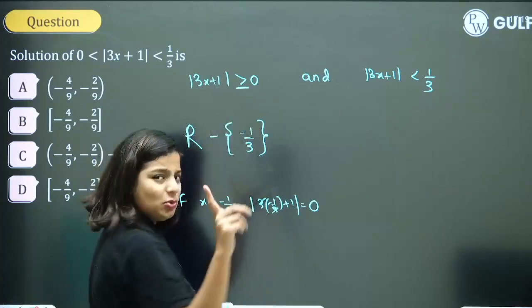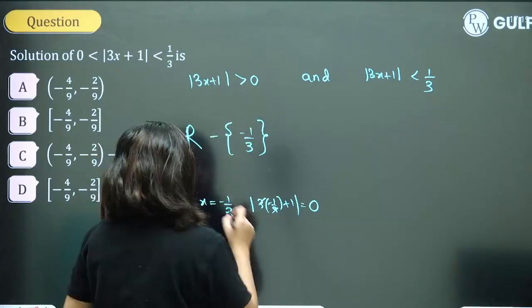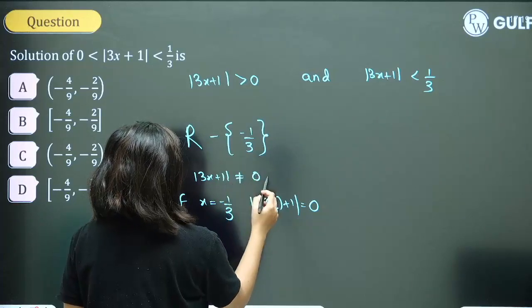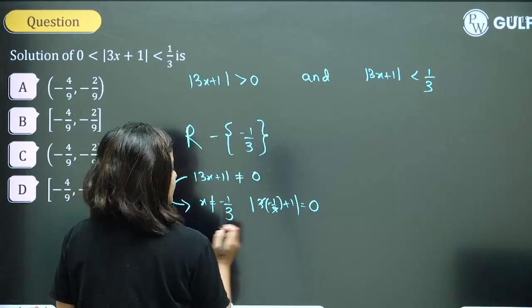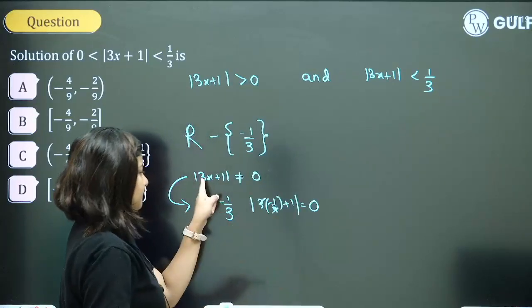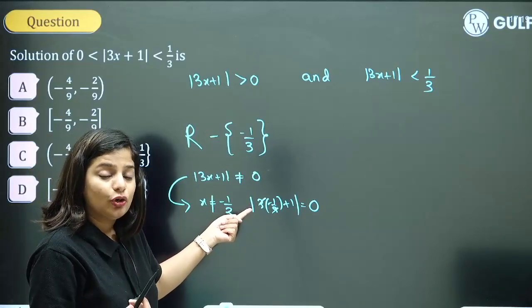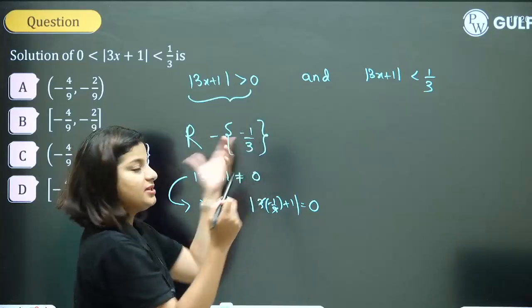Do I want this mod to be equal to 0? No. So mod 3x plus 1 should not be equal to 0, and that means x should not be equal to minus 1 by 3. This situation is true for all real numbers except minus 1 by 3.